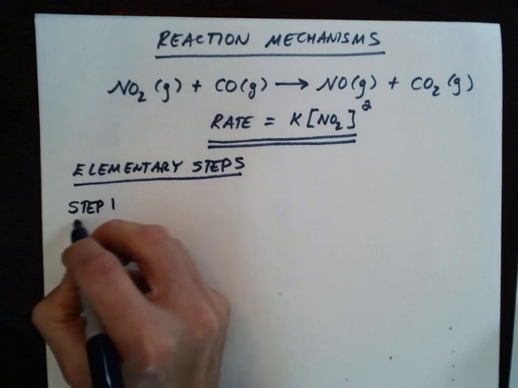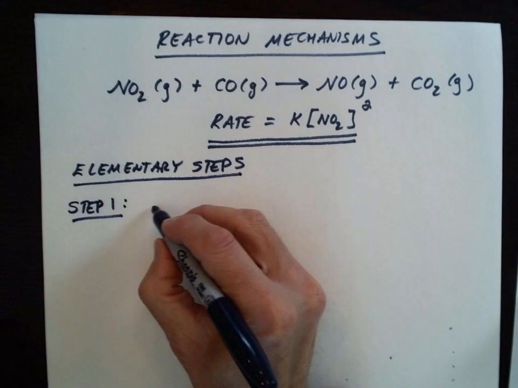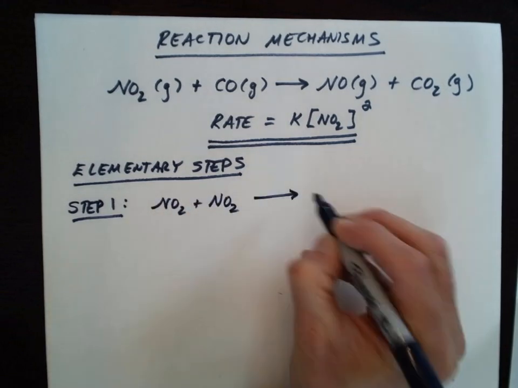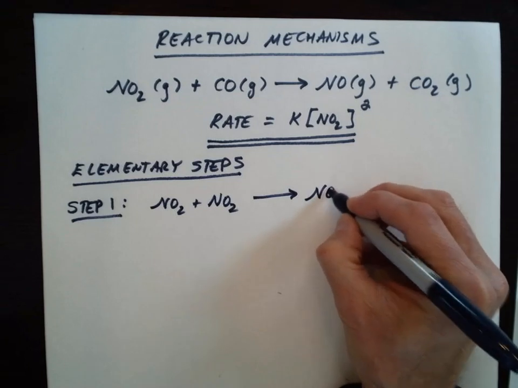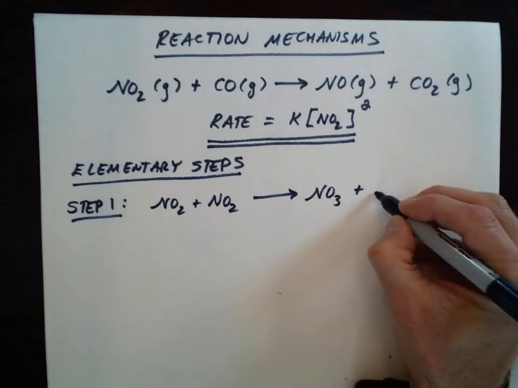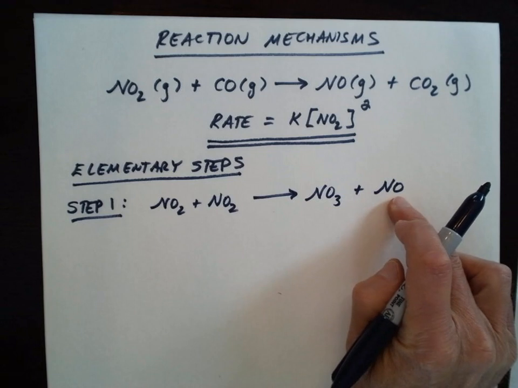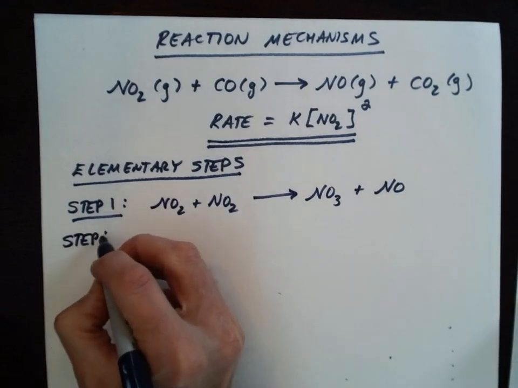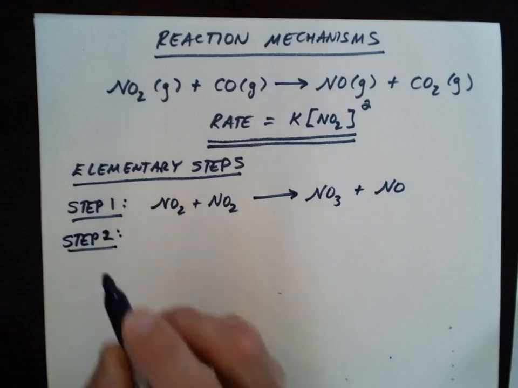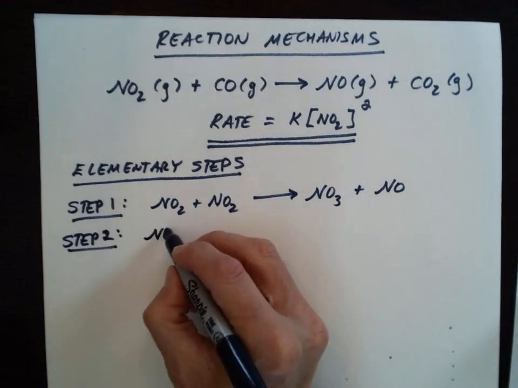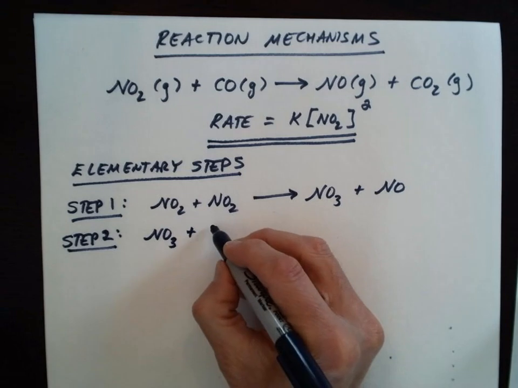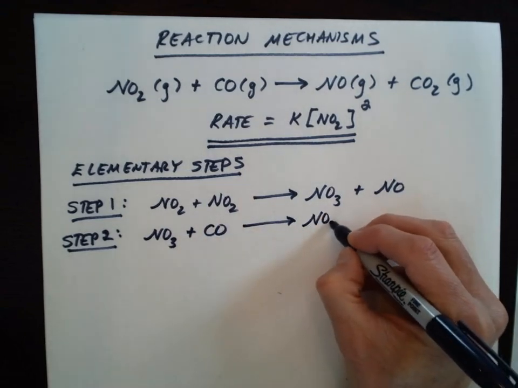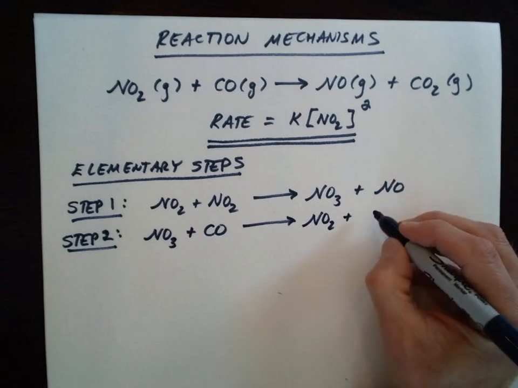In step one, we're going to assume that two nitrogen dioxide molecules collide and form NO3 gas as an intermediate, and nitrogen monoxide. And then in step two, the nitrogen trioxide that forms reacts with a carbon monoxide to form nitrogen dioxide and carbon dioxide.